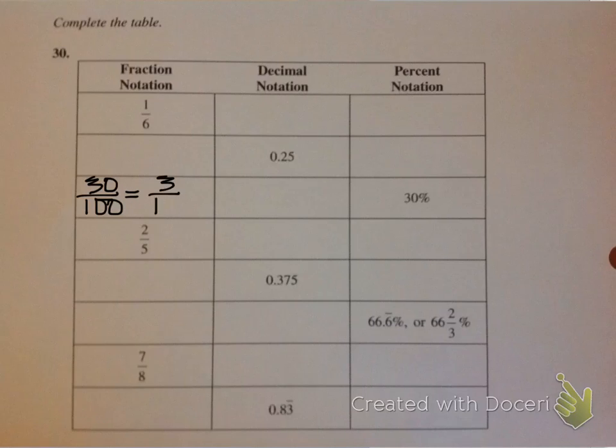We actually just did that problem a minute ago. So the simplified fraction would be 3/10. If we want the decimal equivalent, remember we would look at moving our decimal point 2 places to the left, which would give me 0.30. So I think the ones that start off with the percent are going to be the easier problems.